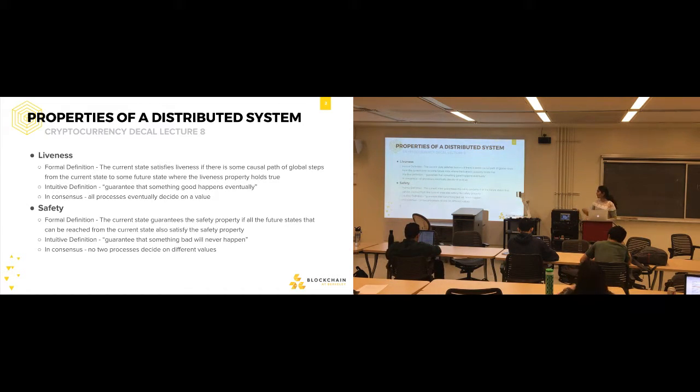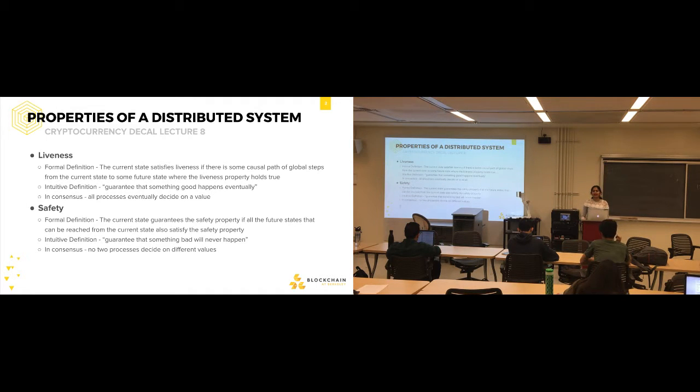Safety. A formal definition for safety is that the current state guarantees the safety property if all the future states that can be reached from this state also satisfy the safety property. A more intuitive definition is that nothing bad will ever happen.